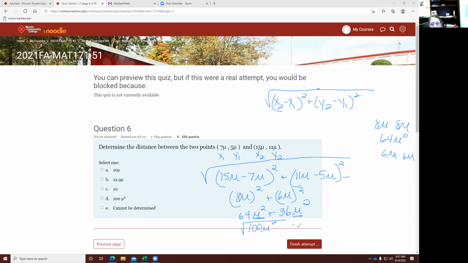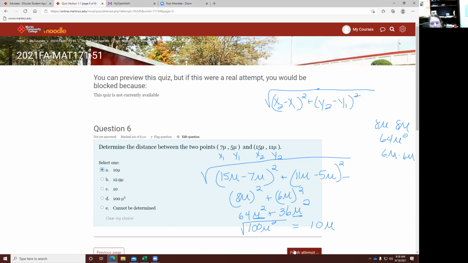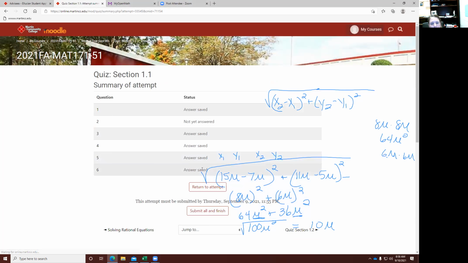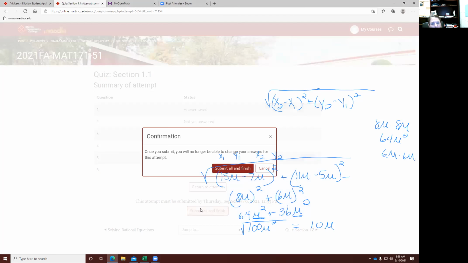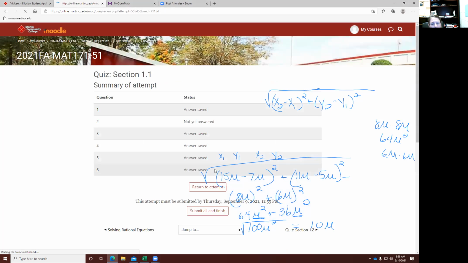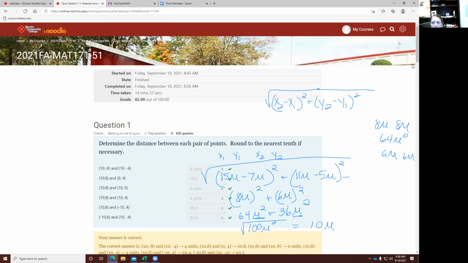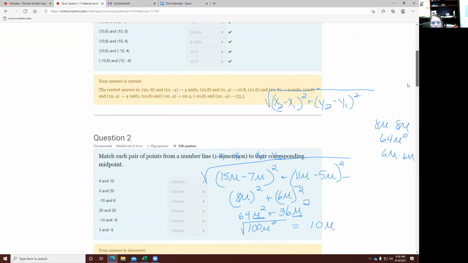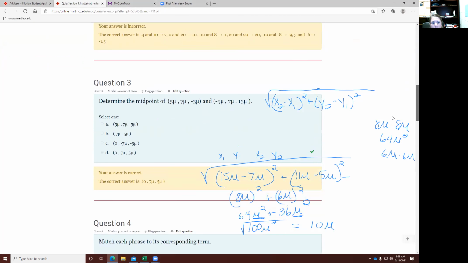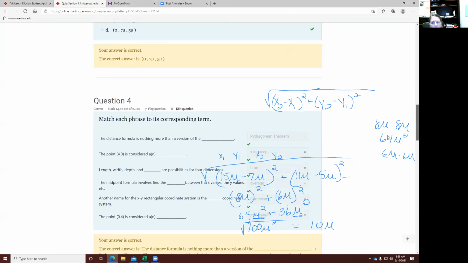And then we take the square root of that, and the square root of 100 is going to give you 10, and the square root of mu squared is going to be mu. So 10 mu was the answer to that one. All right. Let's see. I didn't do question 2, but that is a good review of all those questions.